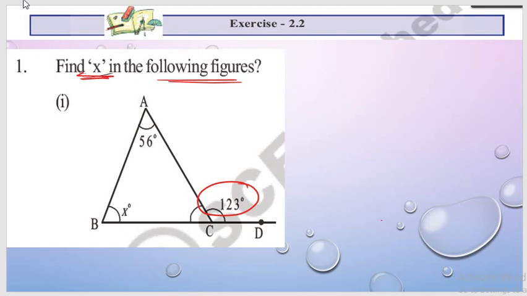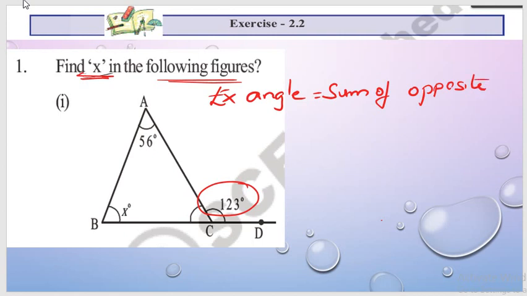So the exterior angle is equal to the sum of the opposite interior angles. This is the concept behind this problem.